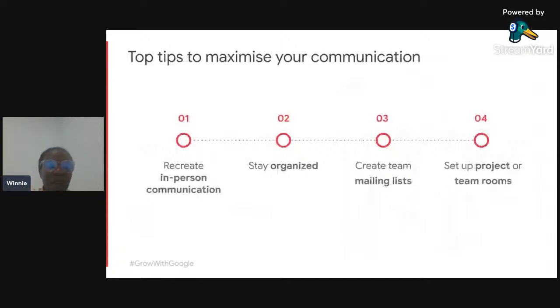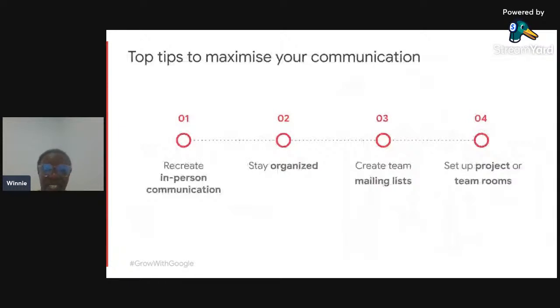Also, set up project or team rooms. This is where Google Currents comes in. Let's say you are working on a project and you have four people working on it. One is in Nakuru, another is in Nairobi, and another is joining in from Turkana.